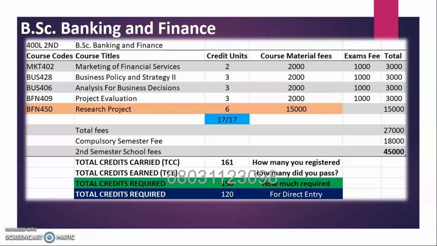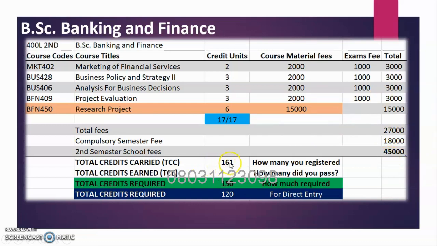That's the cost of registering a project. You don't register projects for exams actually, so it's only 15,000 you pay for it. Sum this up with your compulsory semester fee of 18,000, and you have 45,000 to pay.